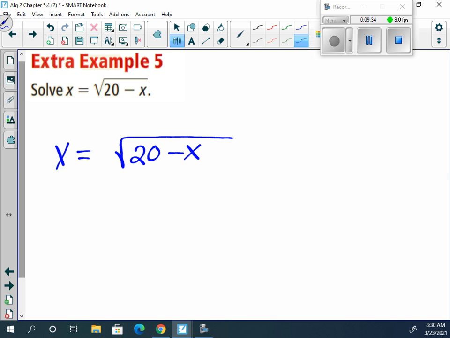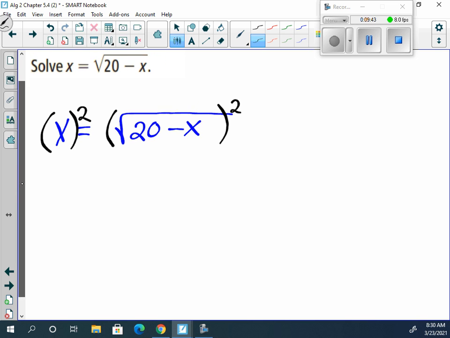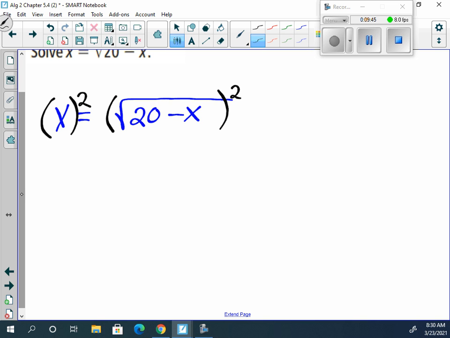So what can we do? We can square both sides. Well, x squared is just going to be x squared. Now the square root and square over here will simplify out, leaving us with 20 minus x.